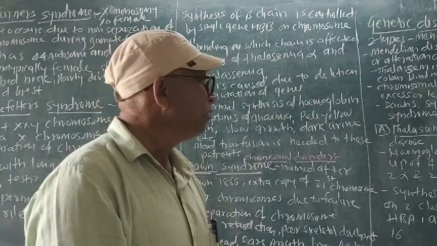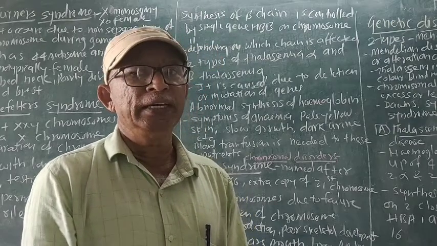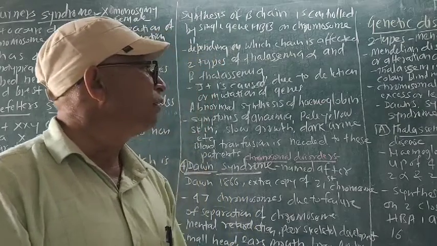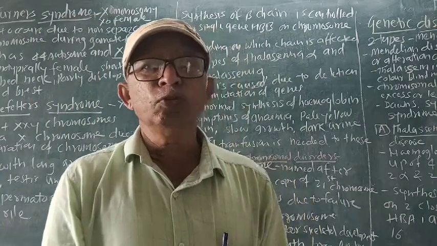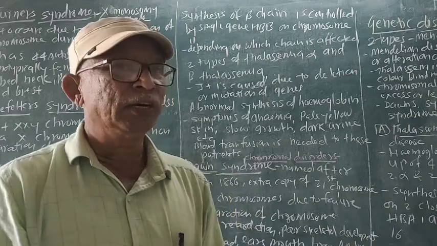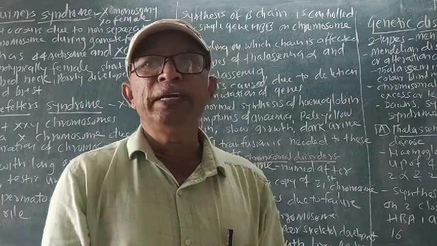So what is thalassemia? It is the less formation of hemoglobin in the individual and it is an autosomal inherited disorder. The hemoglobin in our body is present.